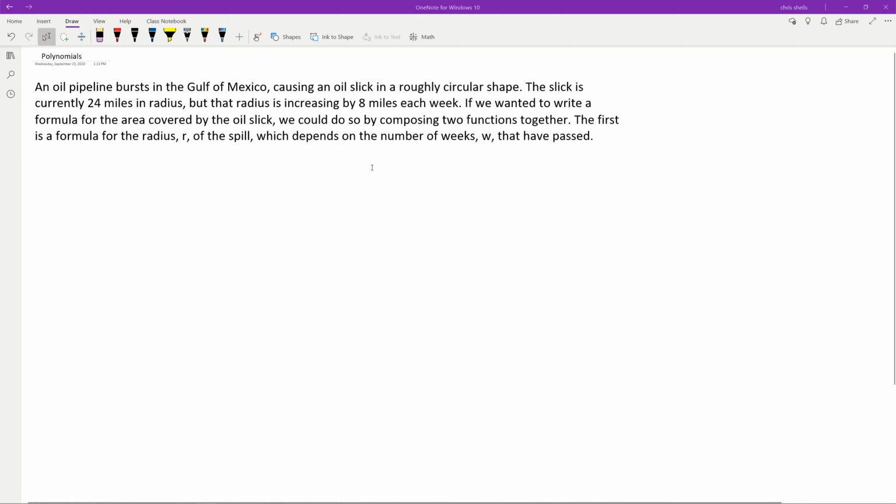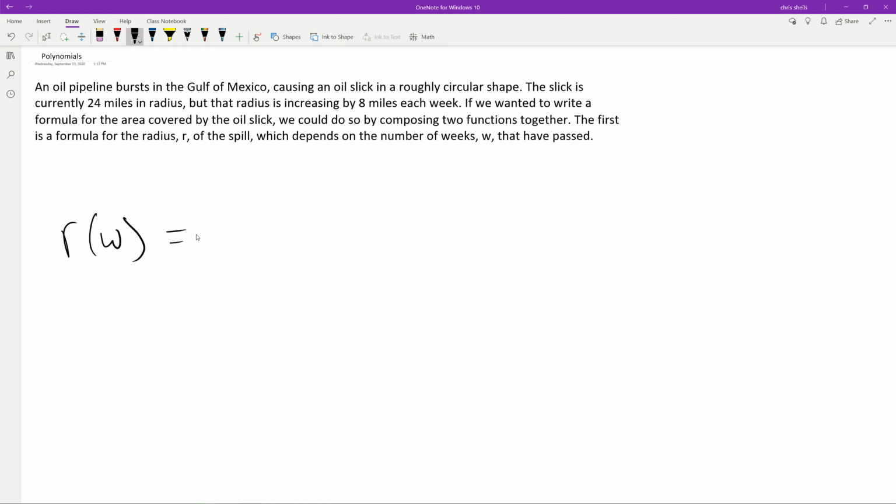composing two functions together. The first is a formula for the radius r of the spill, which depends on the number of weeks w that have passed. So we need to find a formula for the radius of this spill. So the radius, we can call this formula r of w because the radius depends on the number of weeks that have passed.